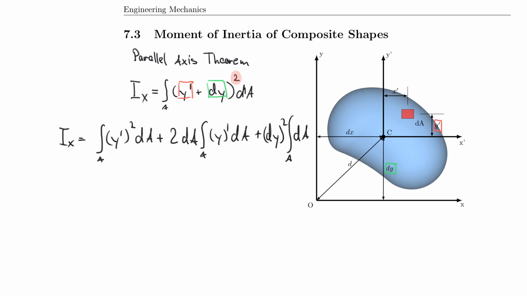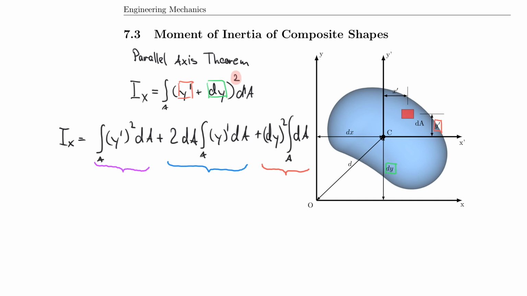Now we effectively have three components. Let me highlight those three components for you. I have the first component here, the second component here, and my third component right here. Let's talk about these individually.